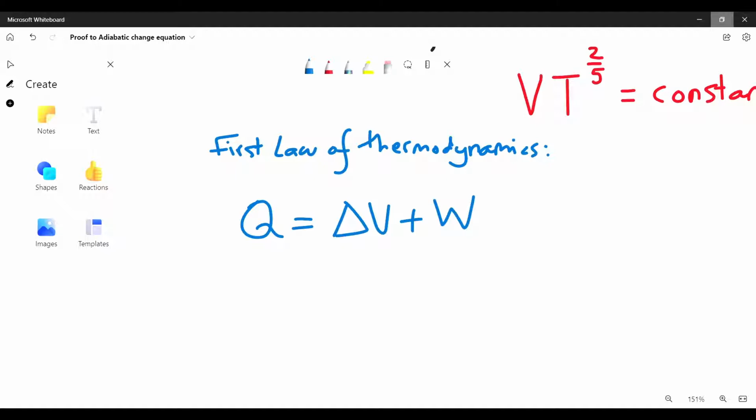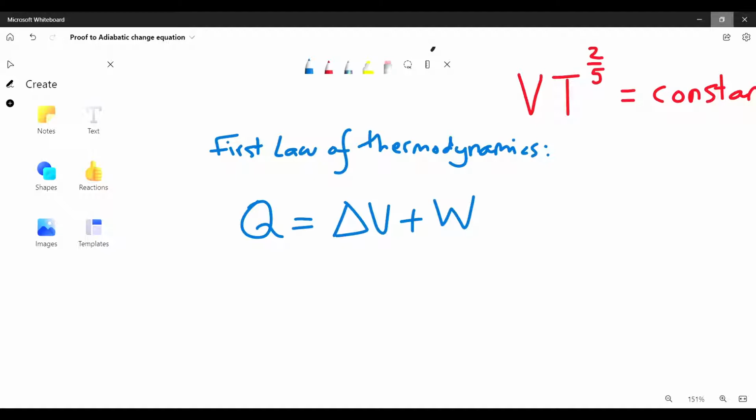And we're talking about ideal gases here, so work done by the ideal gas. So it basically tells us that the heat supplied into the system either goes into changing the internal energy of the system, or results in the gas doing work on the surroundings.